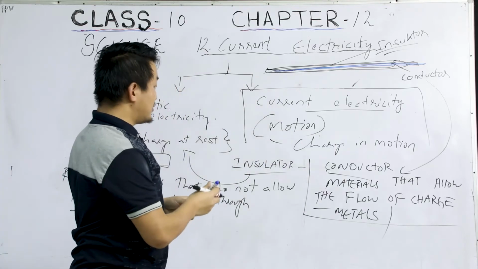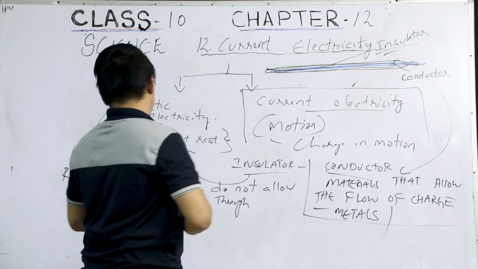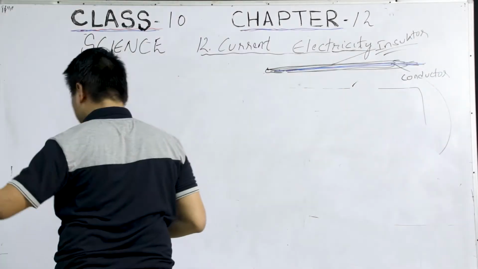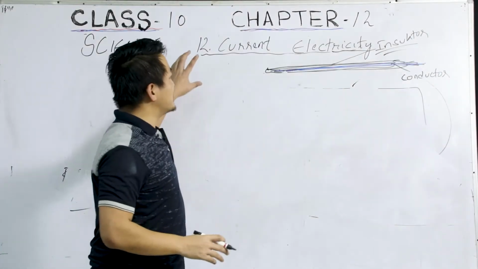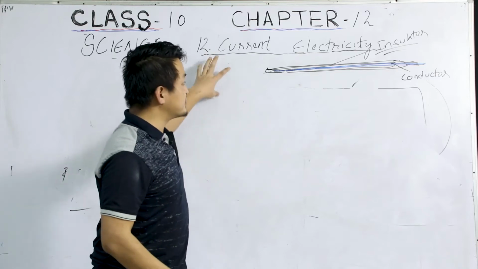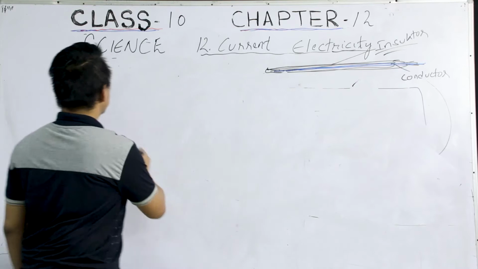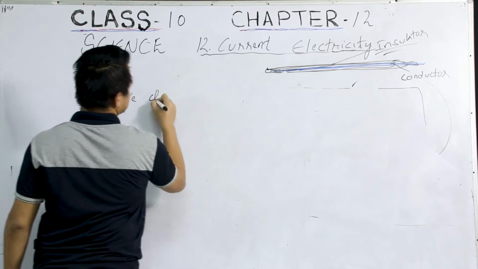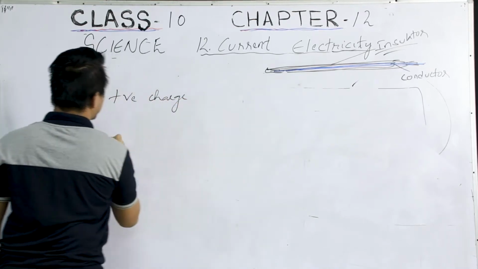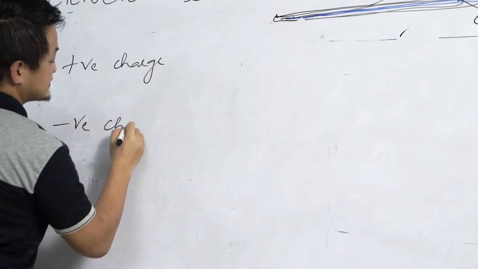Now we'll study about electric current. When we are studying electric current, current electricity, it's all about a flow of charge. Now there are two types of charge that you know, positive charge and negative charge.